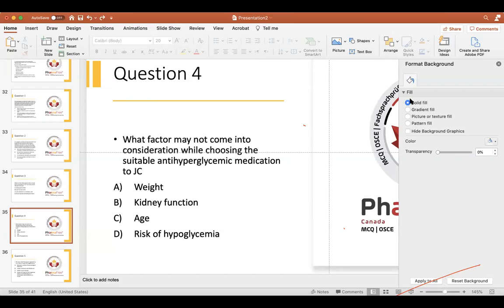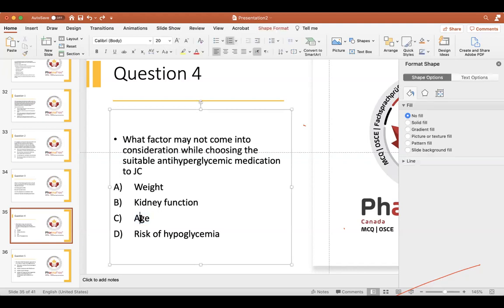Kidney function, correct. Exactly. Weight, kidney function, risk of hypoglycemia, of course, the cardiovascular disease, and the cost, the insurance coverage. And some medications are not covered by the insurance. That's it. But the age is not a factor here.